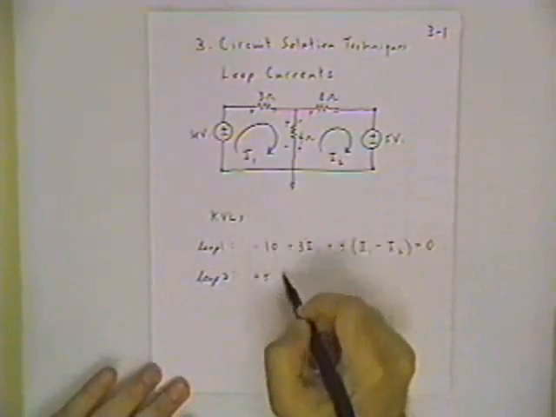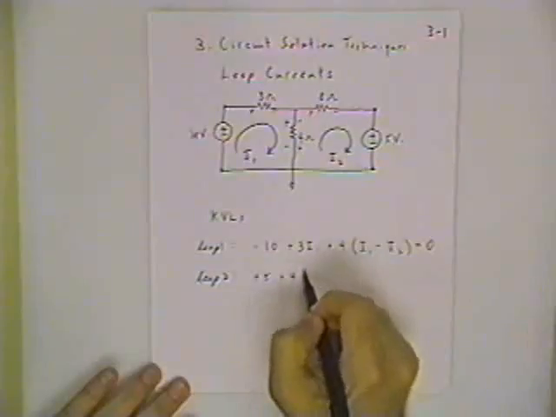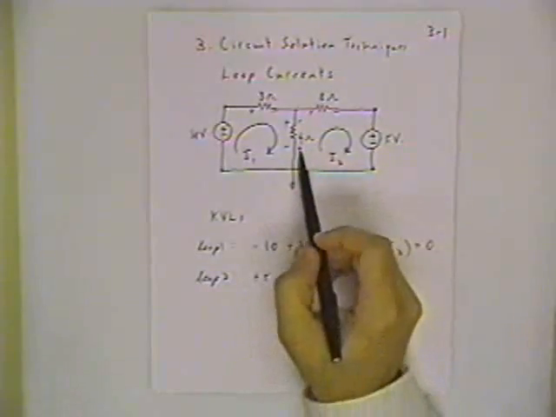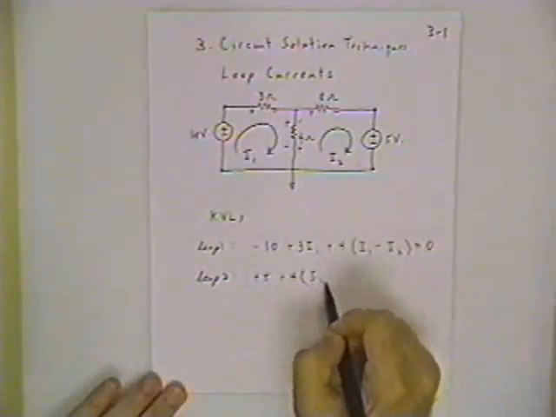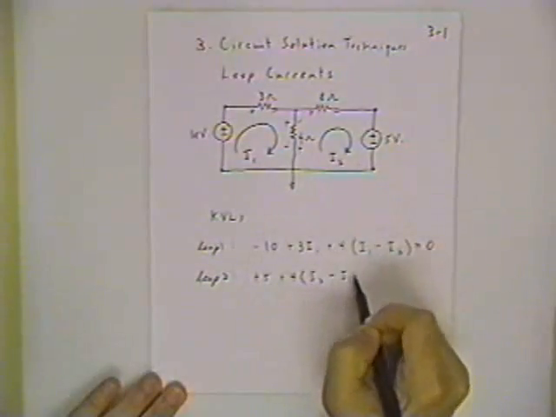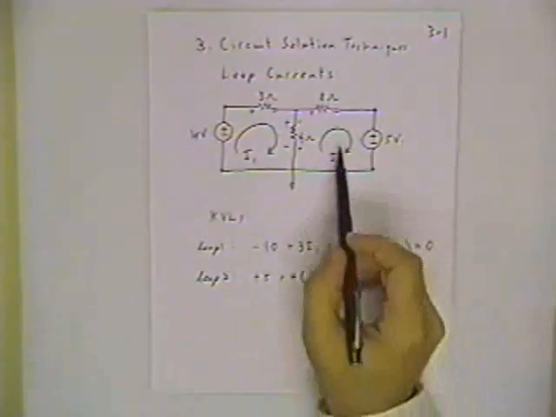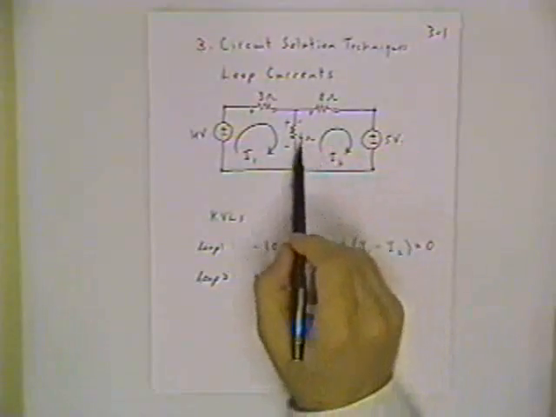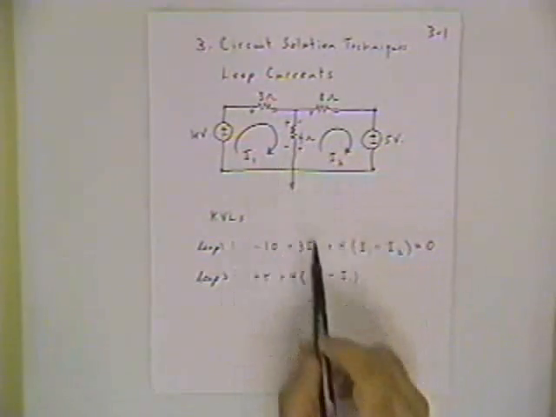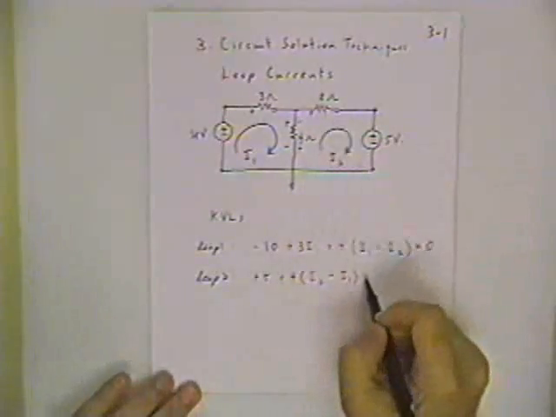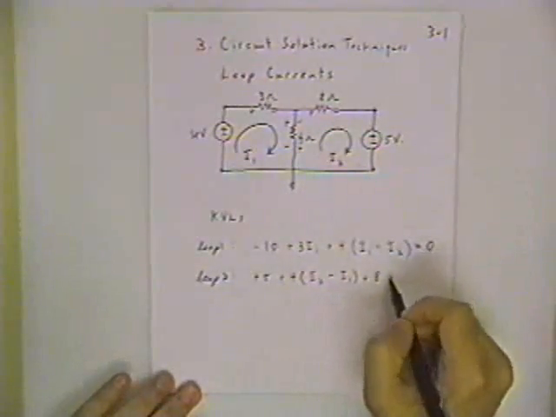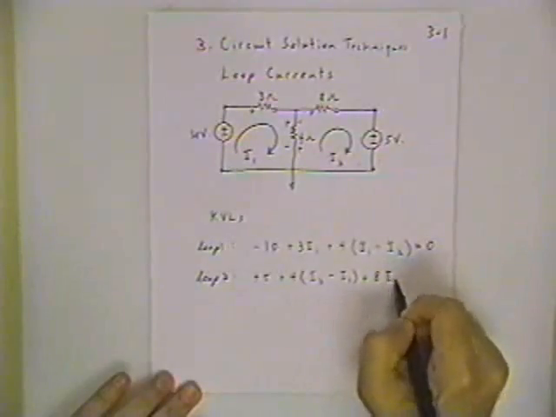I come around here, I bump into a plus sign for the 4 ohm resistor, but now that matches the direction of current I2, so I2 gets the positive sign, and I1 is subtracted from that. So from the point of view of loop number 2, the current going through the 4 ohm resistor is I2 minus I1. Finally finish out the equation with the 8 ohm resistor, plus 8 times I2.